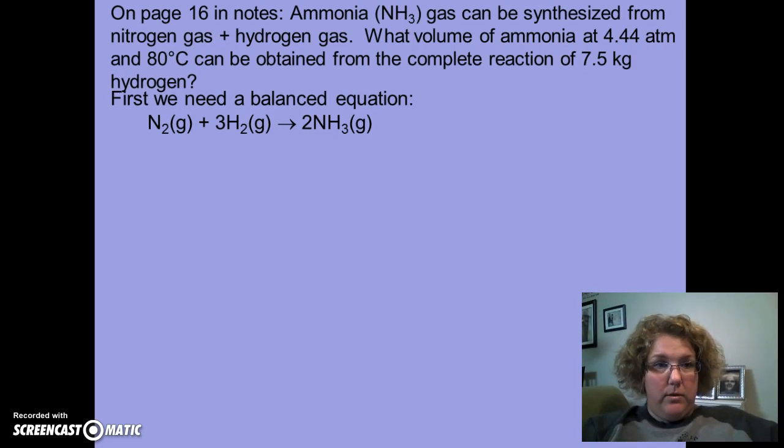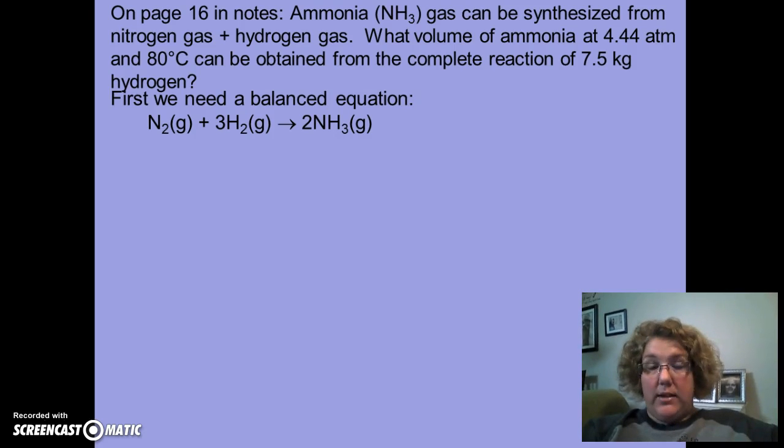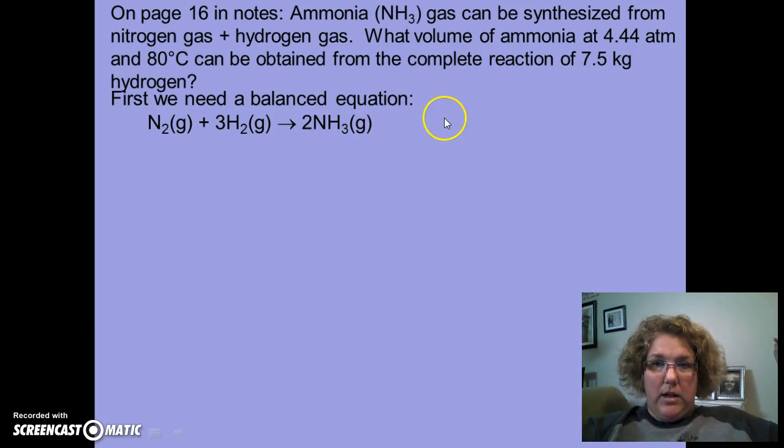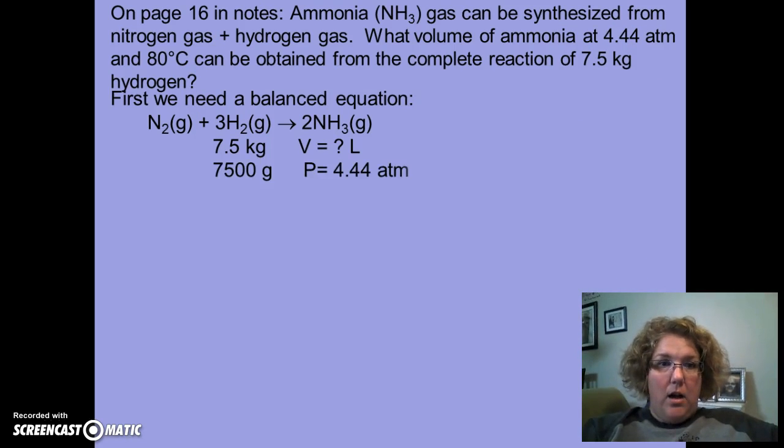Okay, so we got a mole of nitrogen reacting with 3 moles of hydrogen, and that will produce 2 moles of ammonia. Everything's a gas in this equation. We're wanting the volume of ammonia, so the volume of product, and we're reacting 7.5 kilograms of hydrogen. Okay, voila. That's really all we have here.